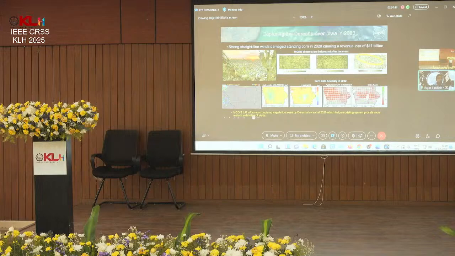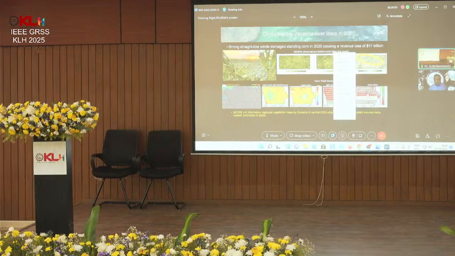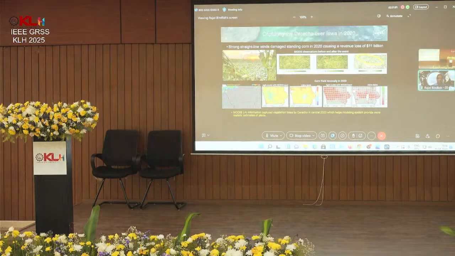And this was observed by the MODIS satellite. This is a MODIS image before, and this is a MODIS image after the event. And this is a difference which we were able to assimilate into the system.